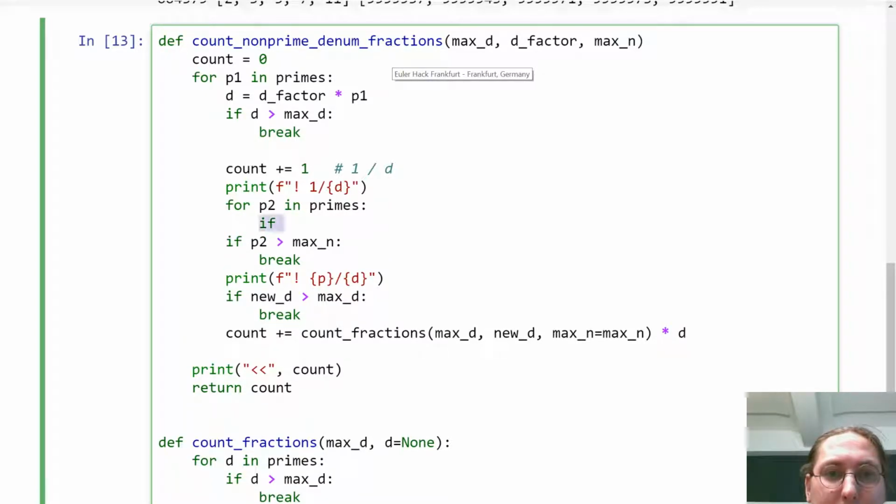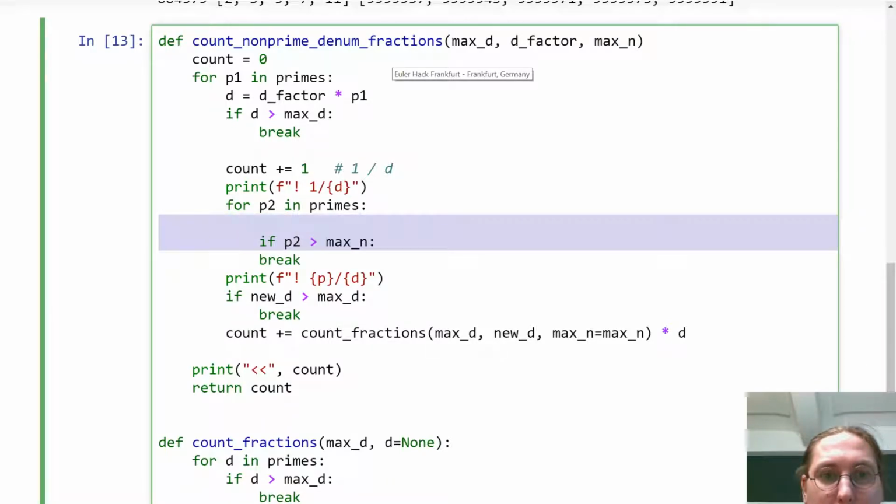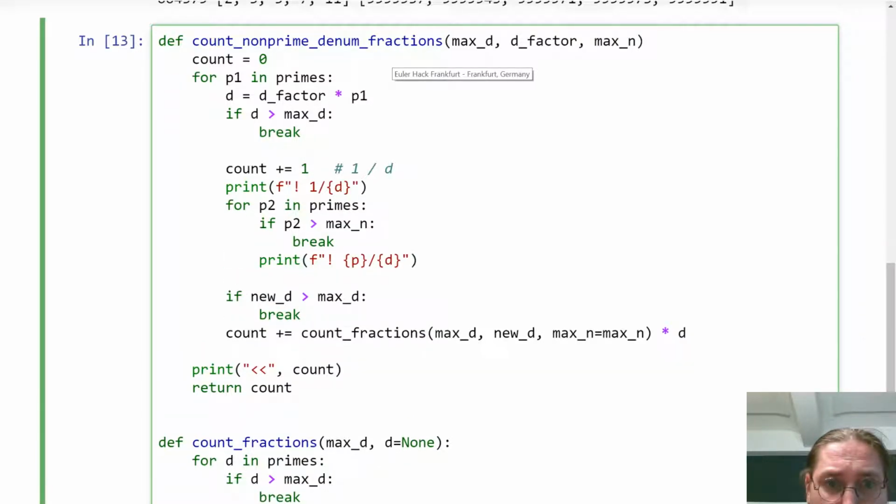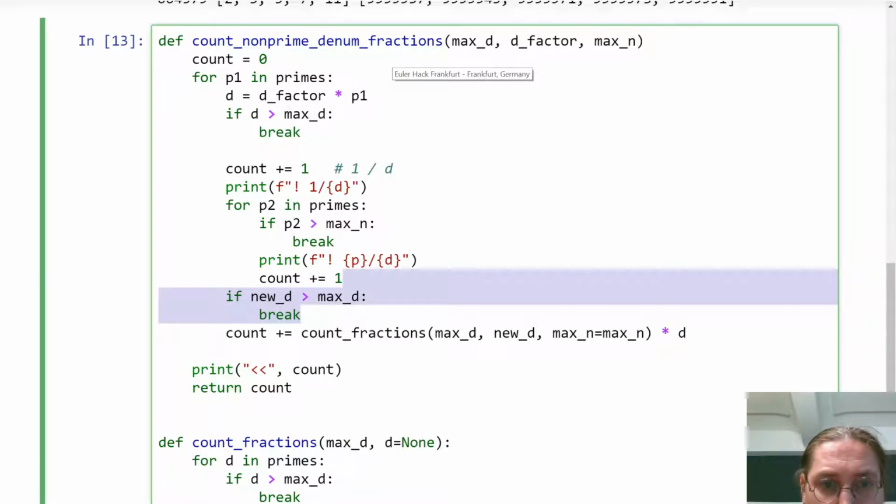16 is 2 to the power of 4. That means you take the candidates of 8 and do that times 2. For 8 you already found the candidates of 4, also did them times 2.